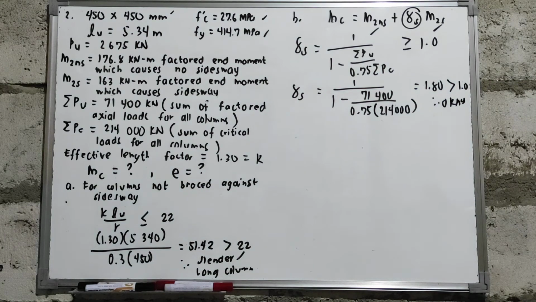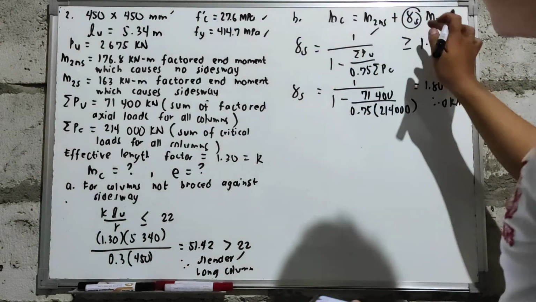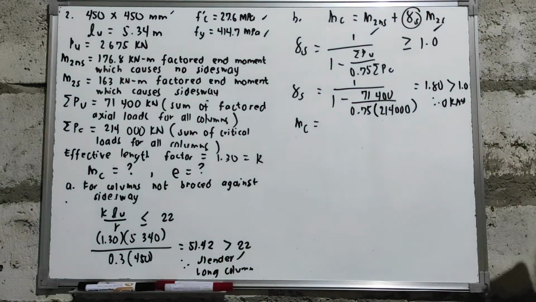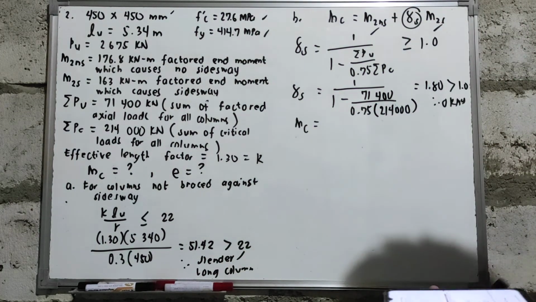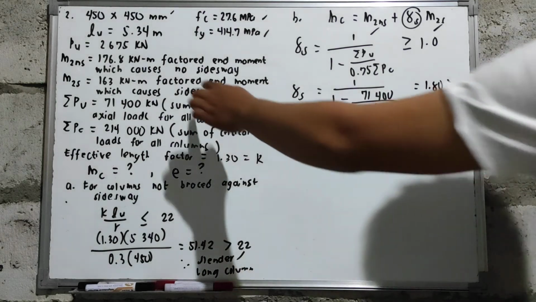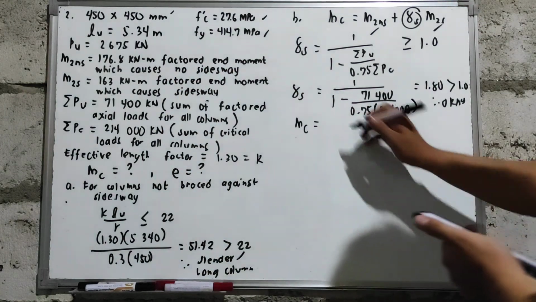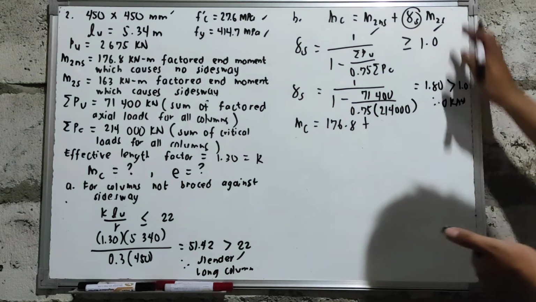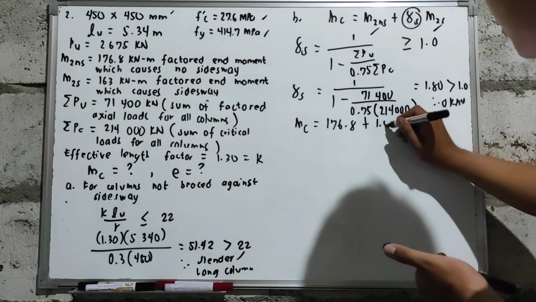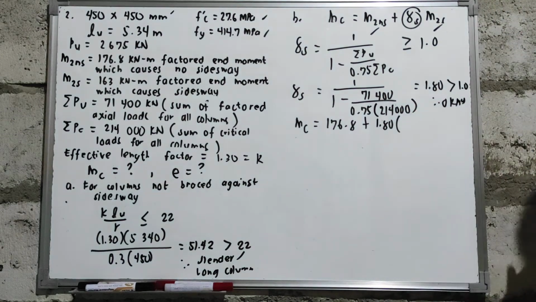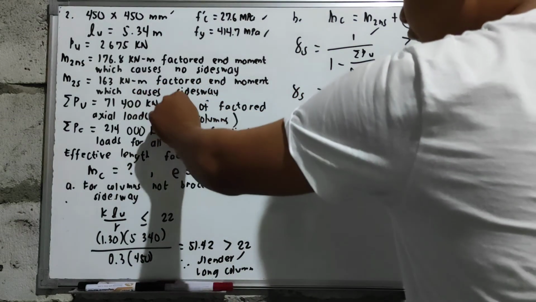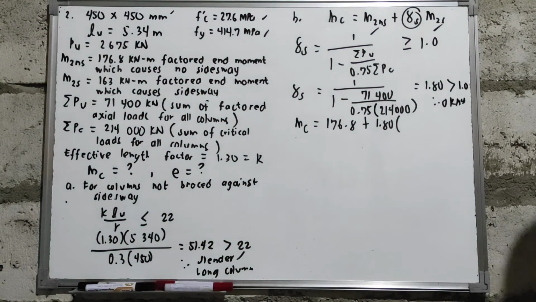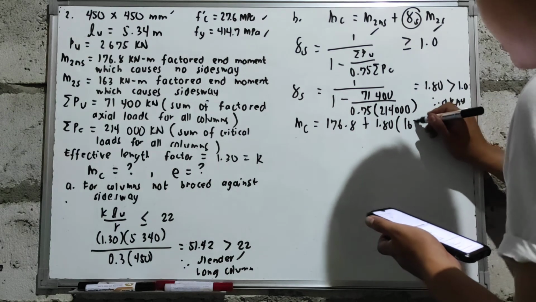So after we compute for the value of your magnification factor, let us now compute for the value of your magnified moment. So yung M sub 2 ns natin na no side sway, that is 176.8 kilonewton meter plus yung magnification factor natin na 1.18 multiplied by yung M sub 2s natin na side sway, which is equal to 163 kilonewton meter.